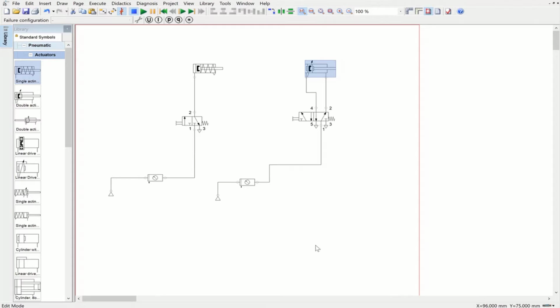In the next video, I will focus on the directional control valve, how we can adjust it, the parameters that we have for each of them inside FluidSIM, and the meaning behind each of the symbols that we have for the forms of actuation, and from there we will be completely ready for designing advanced circuits.